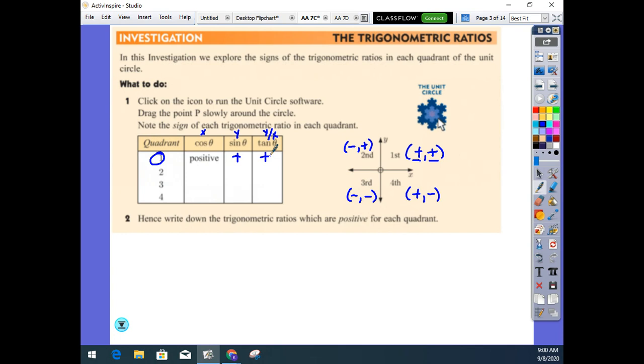Now use the second quadrant. X is negative, y is positive. So because x is negative, cosine is negative. Because y is positive, sine is positive. And y divided by x, a positive divided by a negative, so tangent is negative. Try the third.